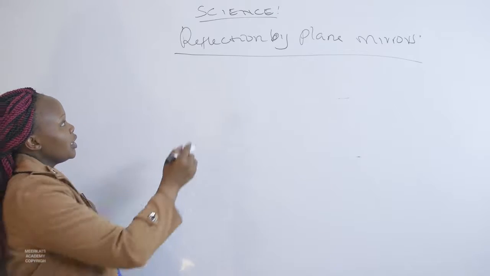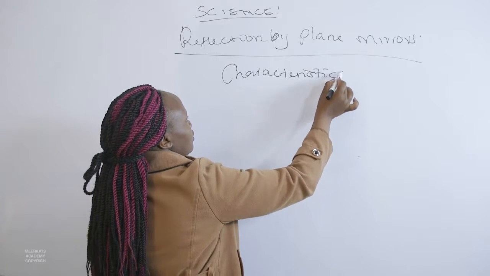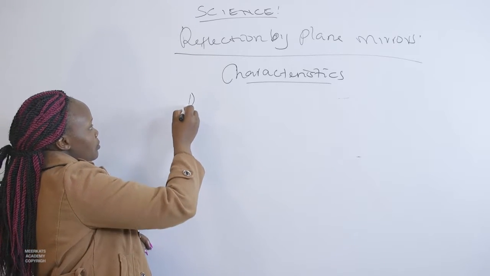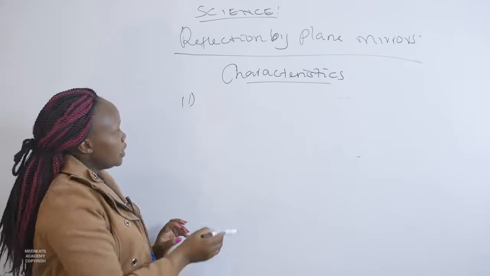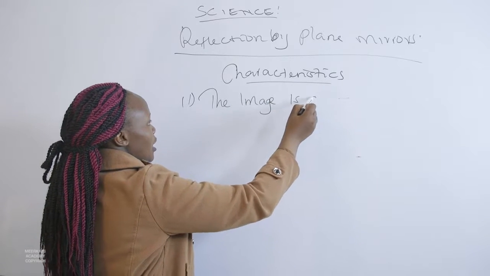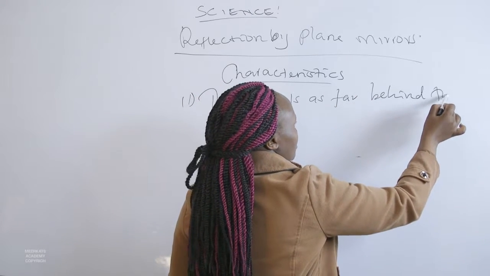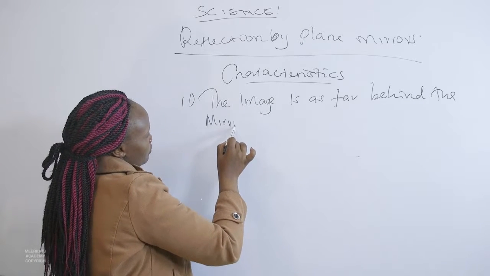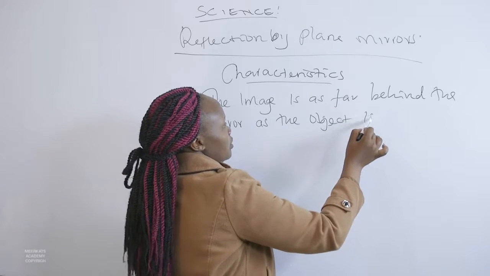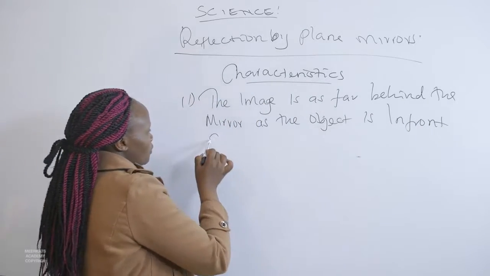Now, we look at characteristics of images formed by plane mirrors, and one of them is that the image is as far behind the mirror as the object is in front of the mirror.